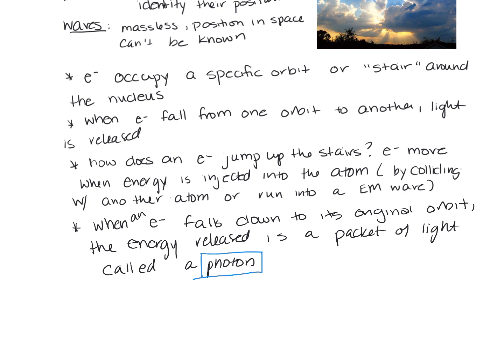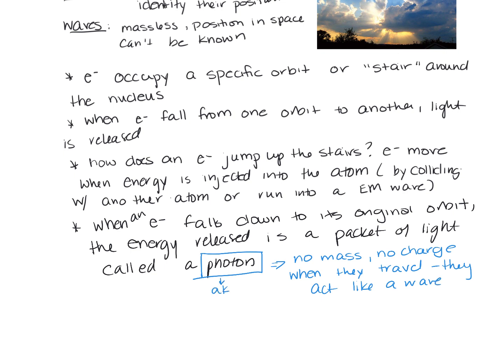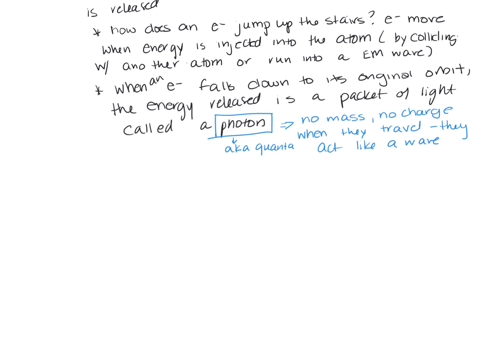Now, this is a big deal, okay? Because basically, when you have a photon, these guys have no mass and no charge, right? And when they travel, they act like a wave. Right? Now, a photon sometimes is called a quanta. Okay.